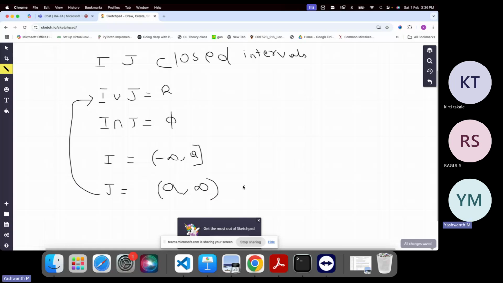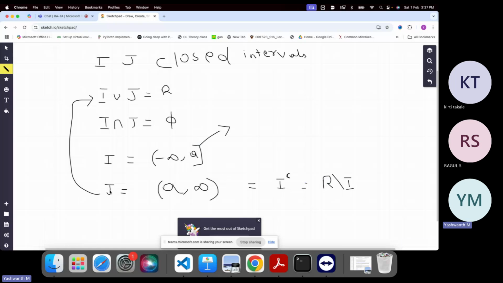So in terms of I, how can we write J? This is nothing but I complement actually, right? Complement is done with respect to the underlying ambient space, that is R minus I. Now we started with an assumption that I is closed, and it is closed if you can check this.